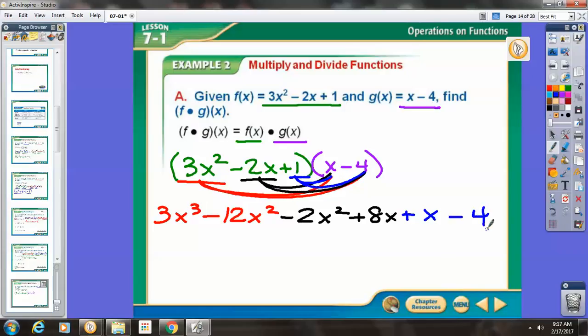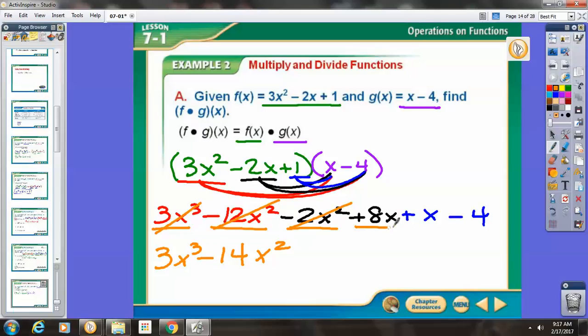Okay, so we distribute all the way through our polynomial. Now add like terms. Is there anything I can combine with 3x cubed? Any other x cubes? No, so we'll bring down 3x cubed. We do have a couple of x squareds there. Negative 12 and negative 2 add to negative 14. Be careful, they're both negatives. Just add them.